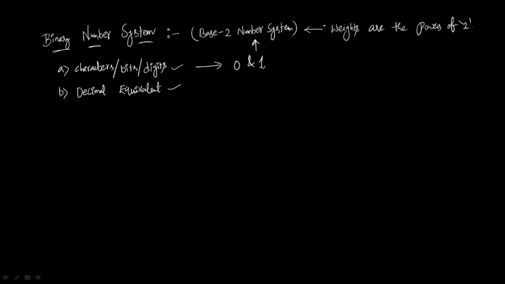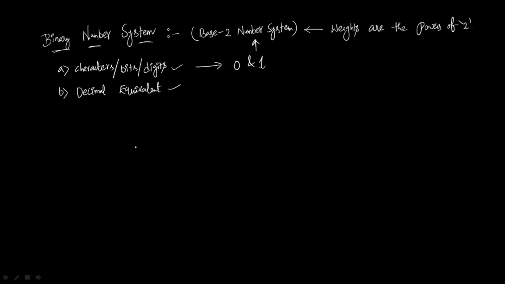So here the weights of a binary number system are the powers of 2, and also we can represent any number in a binary number system with either zeros or ones. Hence it is called the base 2 number system.